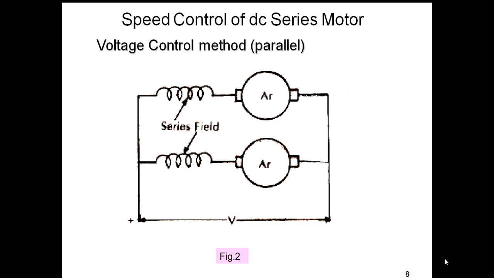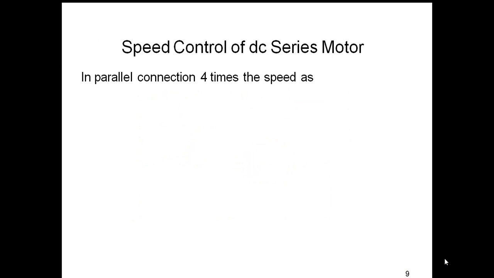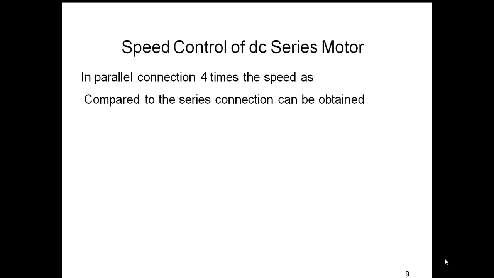Here in this diagram, it is clear that these two DC series motors are connected in parallel. In parallel connection, 4 times the speed can be varied as compared to the series connection.